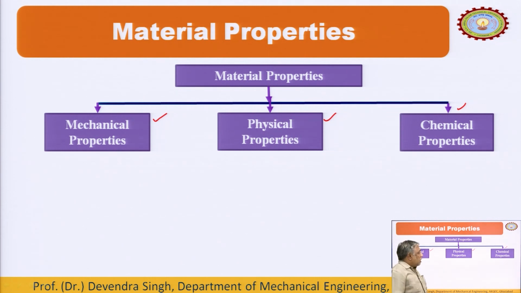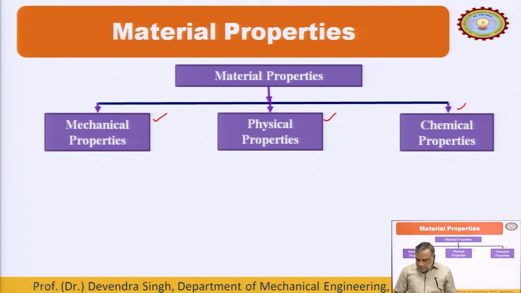As far as chemical properties are concerned, in the last lecture we discussed the selection of material for the impeller of a centrifugal pump in a sugar industry. As sugarcane juice is acidic in nature, we have to select a non ferrous material to avoid corrosion, otherwise it will dissolve the impeller in the sugarcane juice after some time.